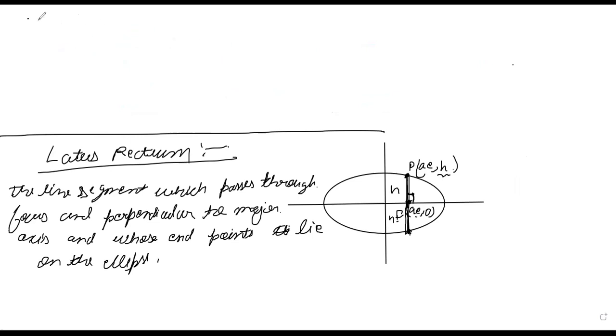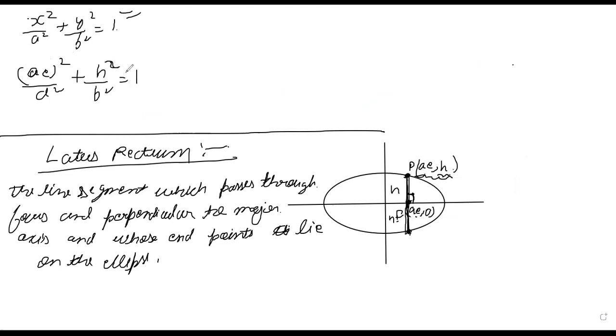So the equation of ellipse was what? x square upon a square plus y square upon b square equals to 1. See, this point is lying on the ellipse, so this point will satisfy this equation. So in case of x, we can write ae whole square upon a square, plus in case of y, we can write h square upon b square equals to 1.